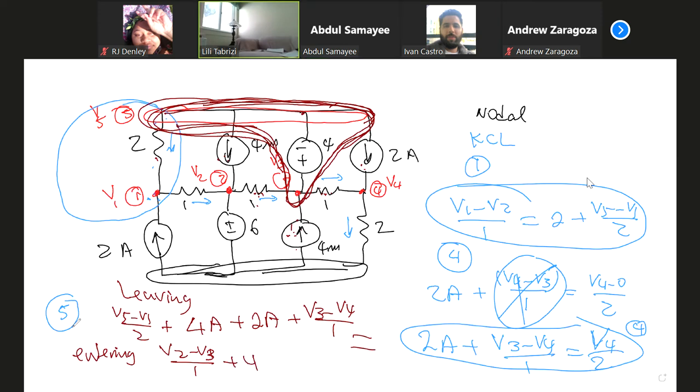That's the equation for node 5. Any question? Any question? I'm pausing long enough to see if you have any questions.